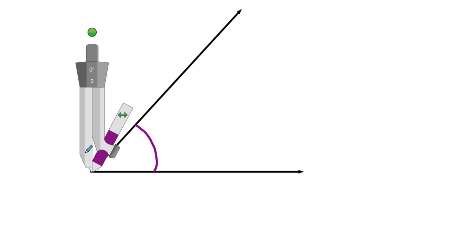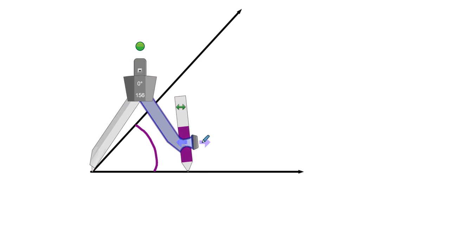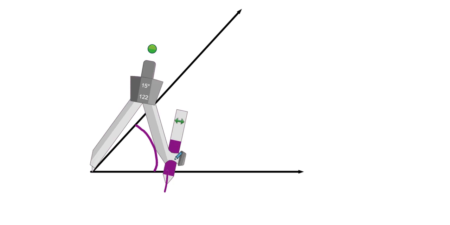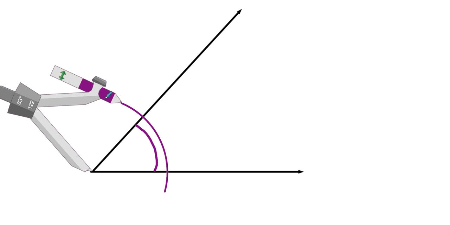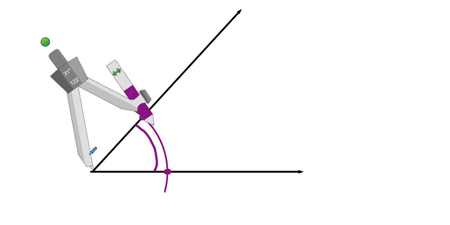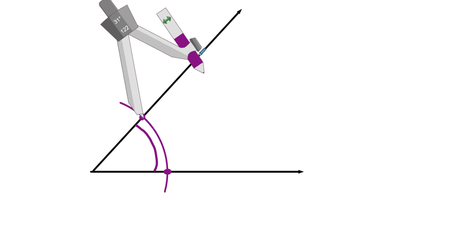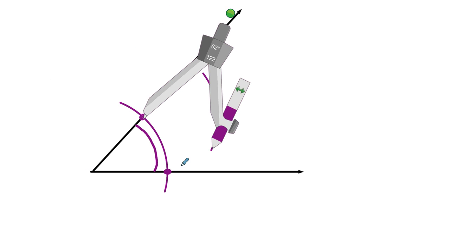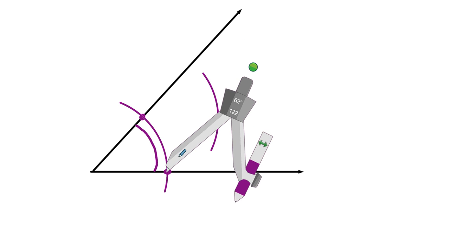Well, this is actually pretty straightforward. We're going to make a swoopy, and then that swoopy is going to give us two special places. And those special places are going to be places that we're going to put our compass point. We're going to make swoopies in the middle of nowhere.